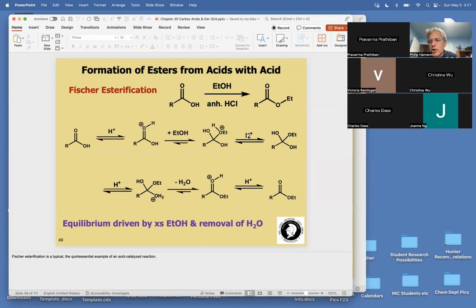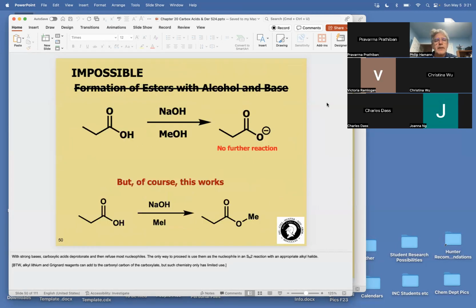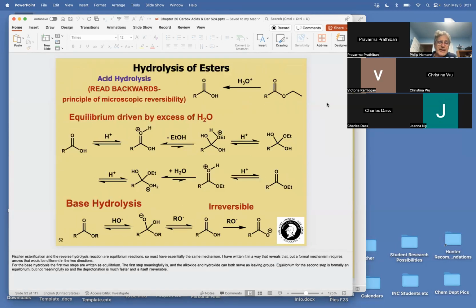I've wanted to change these all to put quotes, because I don't give credit for that, but this isn't a full mechanism. This is a suggestive mechanism without all the arrows and everything. So this H plus will be delivered from protonated ethanol. And then ethanol attacks, and then ethanol deprotonates. So when ethanol is your solvent in this reaction, it's the proton carrier and the base. Okay, so you guys have seen that. Here, it's just backwards because every step's in equilibrium.